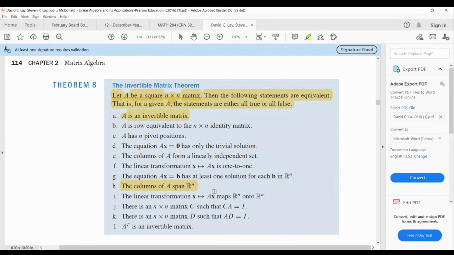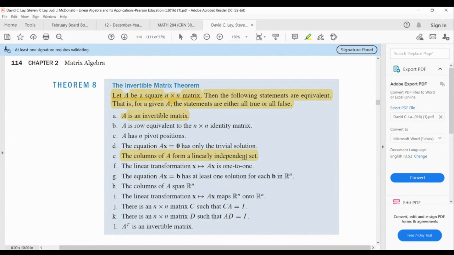A implies H, and H implies A. If, for instance, A is an invertible matrix, the columns of A have to form a linearly independent set. So there are a lot of implications here when we have an invertible square matrix. A lot of nice things happen.